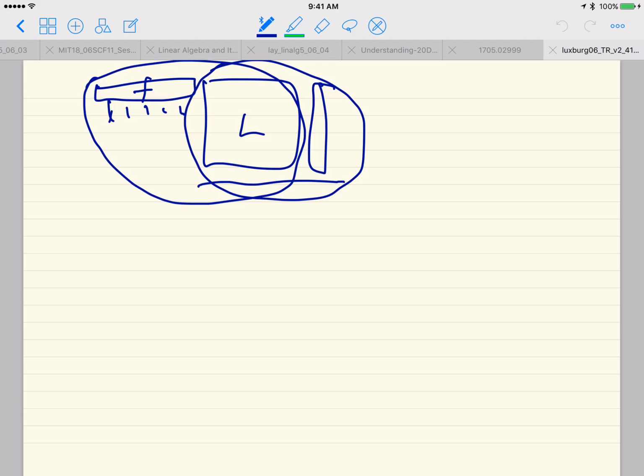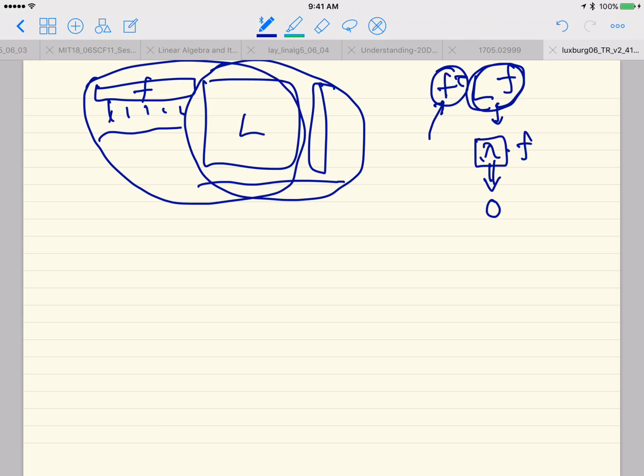And so in the case of F transpose LF, we only consider this guy. This guy will become lambda times F, where lambda is already becoming 0. So at this point already, this guy doesn't have any effect.